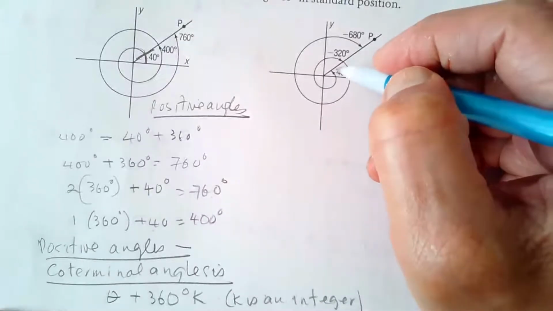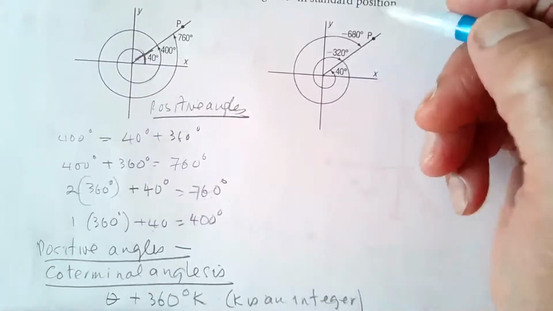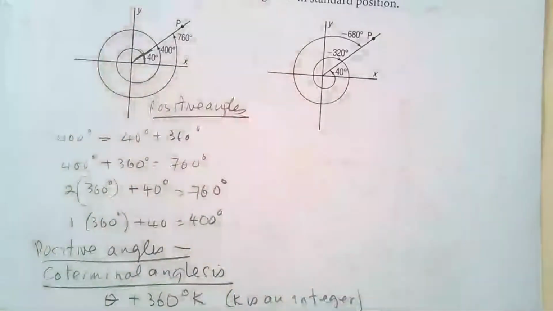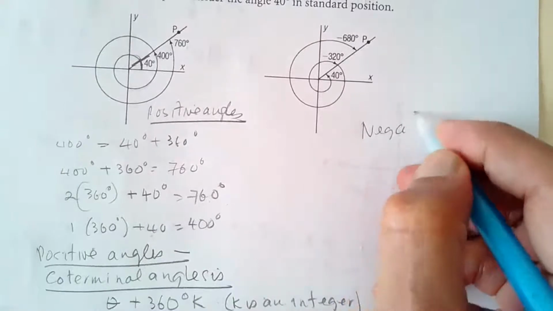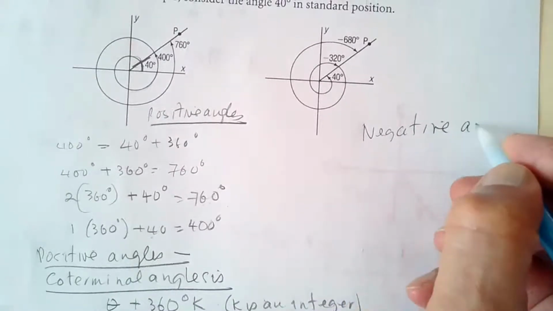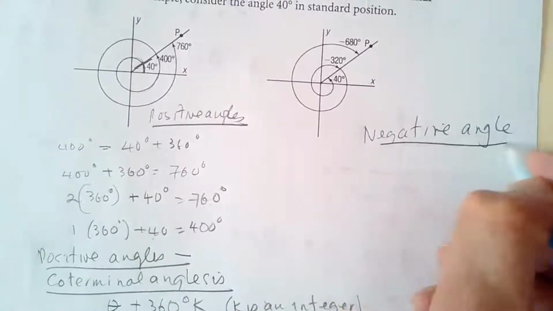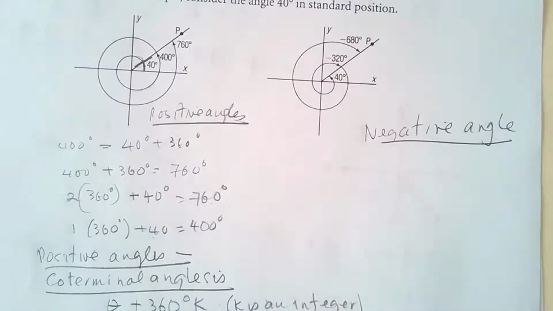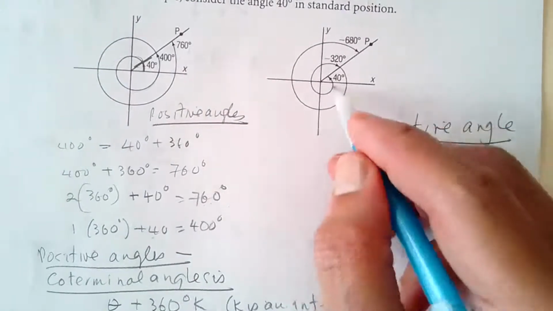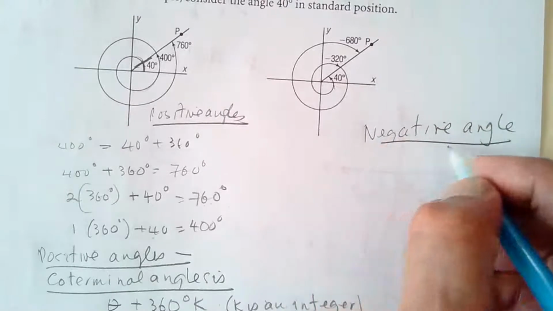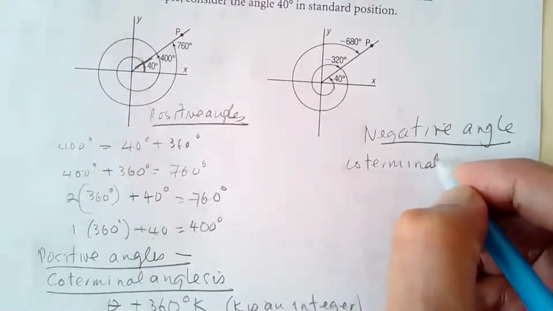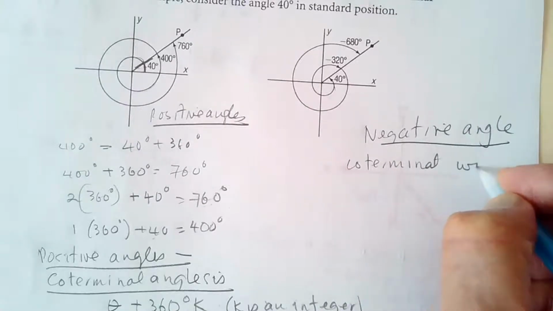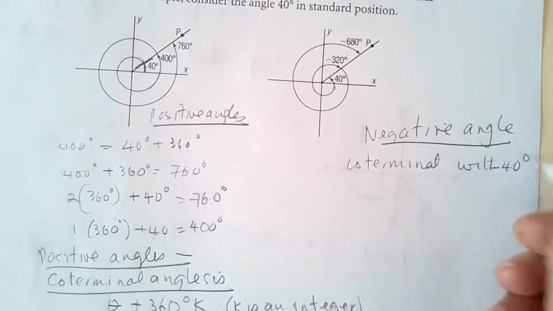Now we're going into the negative category. So a measurement for a negative angle. These are negative angles coterminal with 40 degrees.